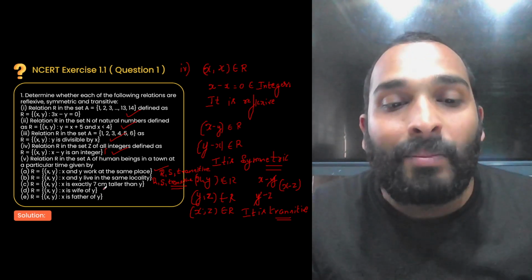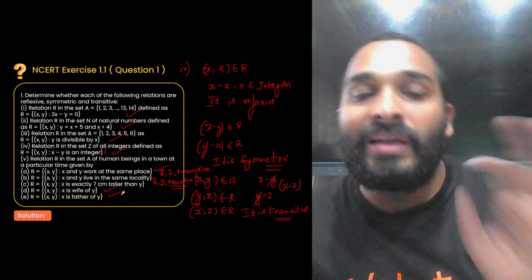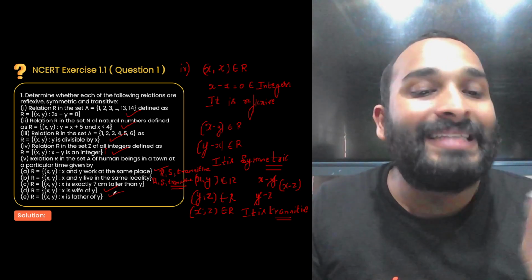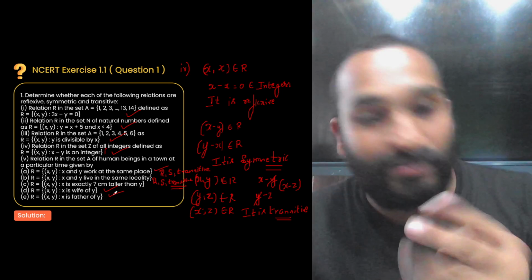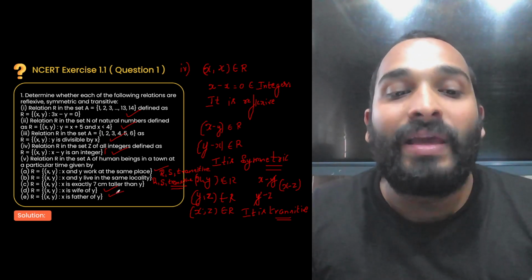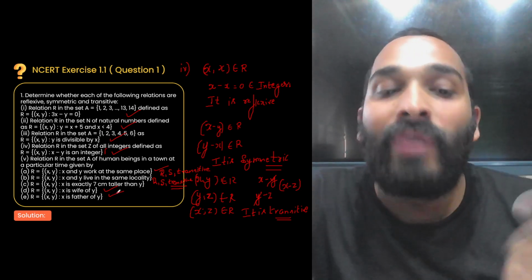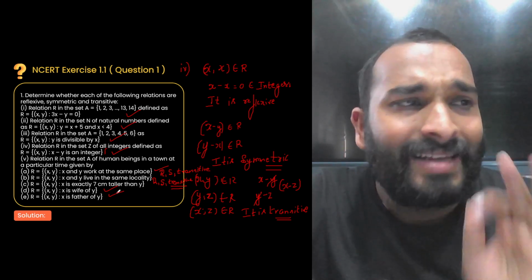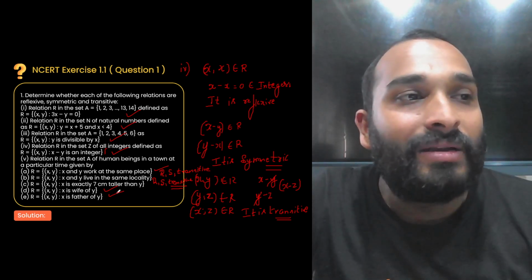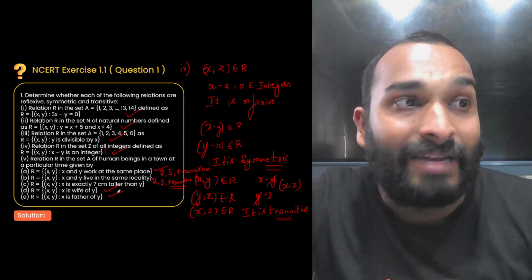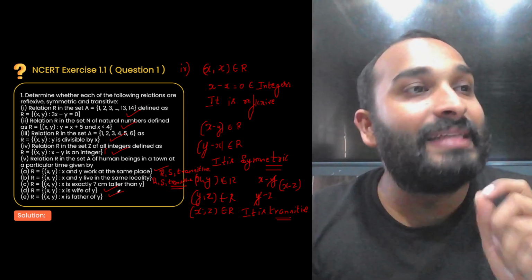Yes. Now compare these two questions. It's very funny, but still it's a NCERT question. So x is wife of y. So you can't write x is wife of x. So not reflexive. If x is wife of y, can you write y is wife of x? Possible, children? Is it possible to write that way? X and x not possible because she can't be wife of herself, correct? X and y, is it possible, children? Yes, tell me.